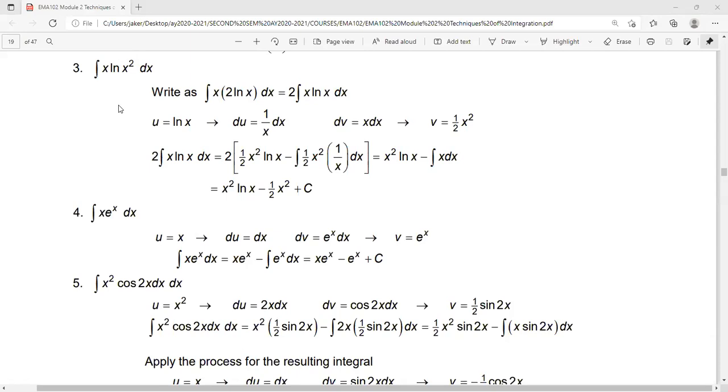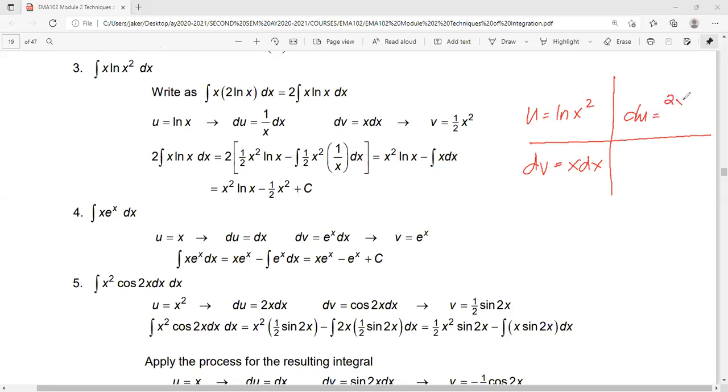Okay? Now, what do we do? You construct again your u, which is the ln of x squared. Now, the dv, of course, initially will be x dx, the remaining expression after you took the ln of x squared. Now, what's the derivative of the ln of x squared?